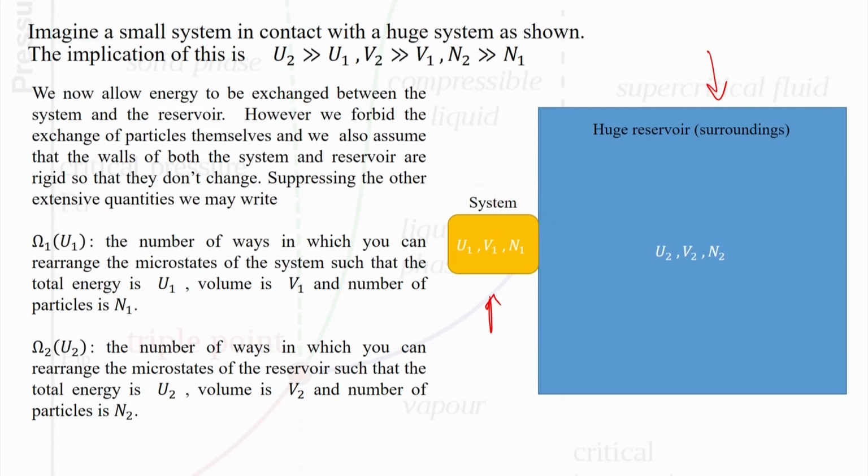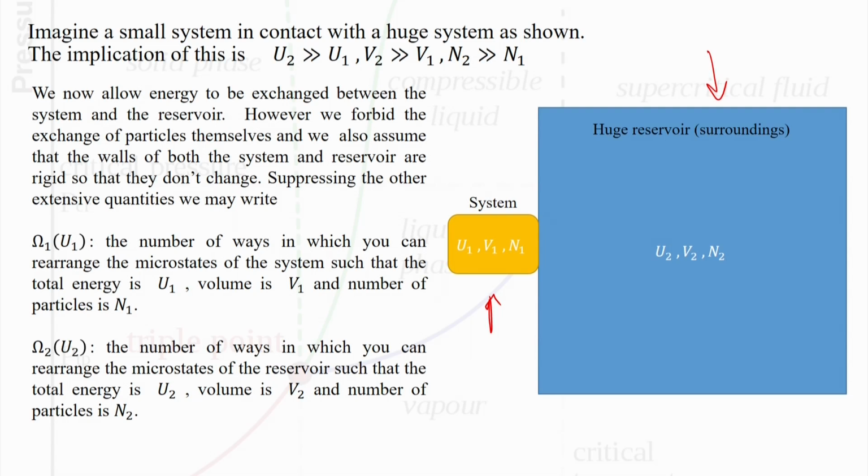So, you allow that. As a result, what is really fixed is not the total internal energy of the system, which I have called U1, but rather the sum of the total internal energy of the system plus the reservoir. That is going to be U1 plus U2, which is fixed. I am going to call that capital U, and so U2 is going to be capital U minus U1.